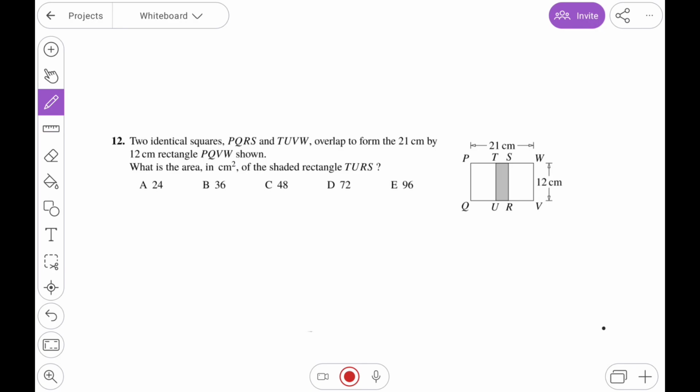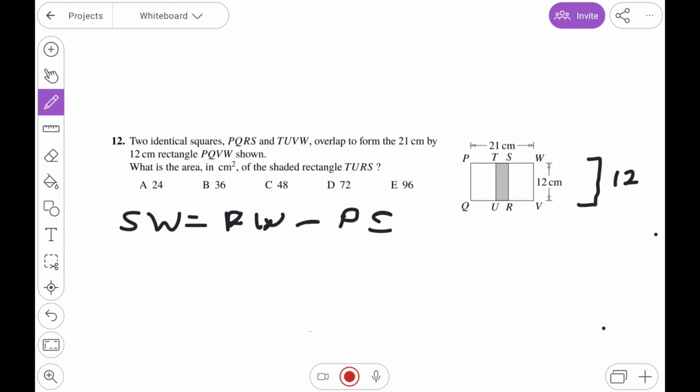So, we know that the height of the rectangle is 12 centimeters. So SW is, now you have to pay really close attention, PW, which is 21 centimeters as you can see, minus PS, which we know is one side of a square, which is 12 centimeters.